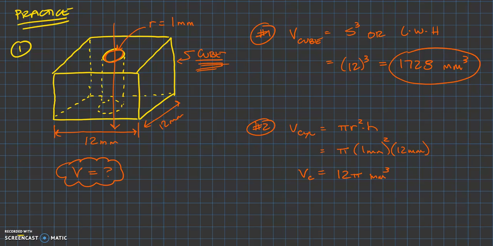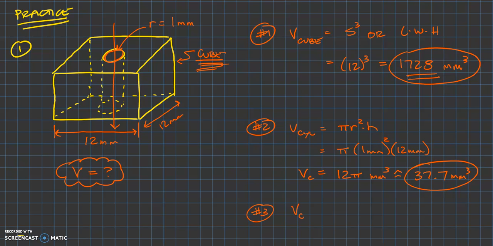Now, we do not have pi in the volume of the cube, so we need to go ahead and factor this out. What I meant was multiply that out. When I multiply 12 times pi, I'm going to get approximately 37.7 cubic millimeters. Now I have something to work with. My step number 3, I have to subtract.